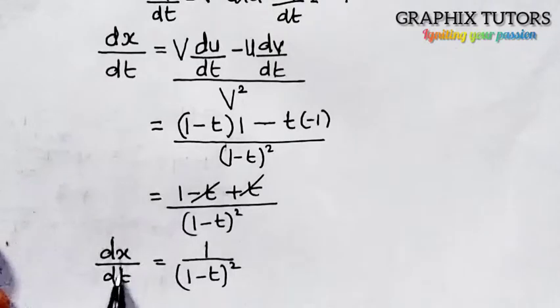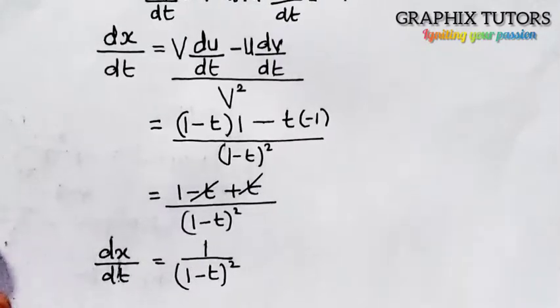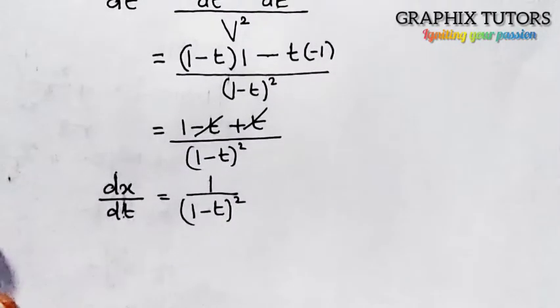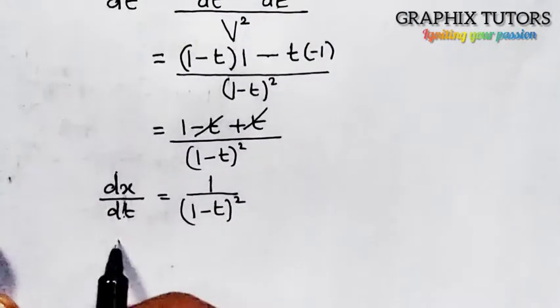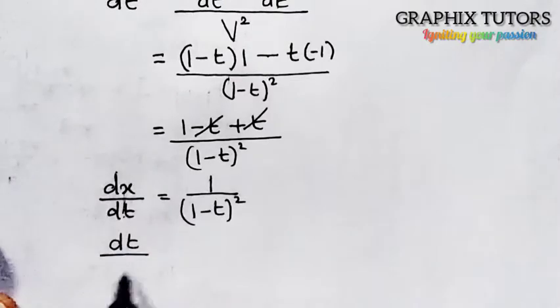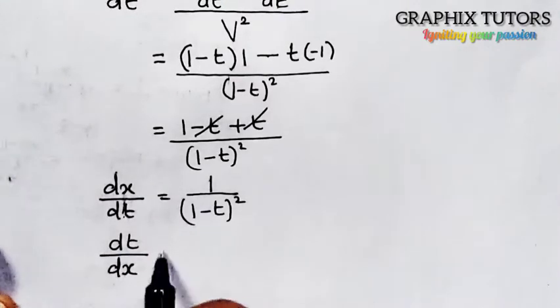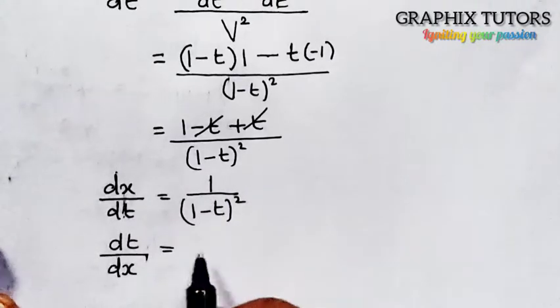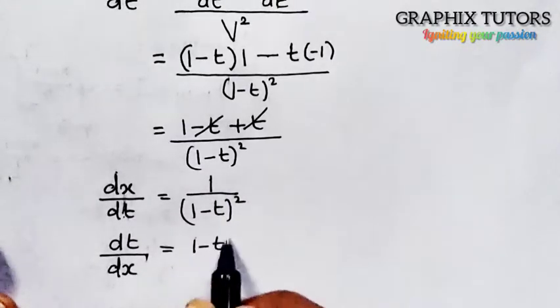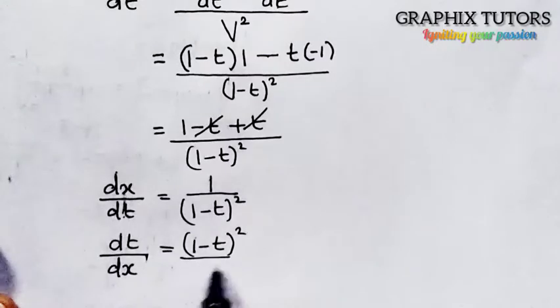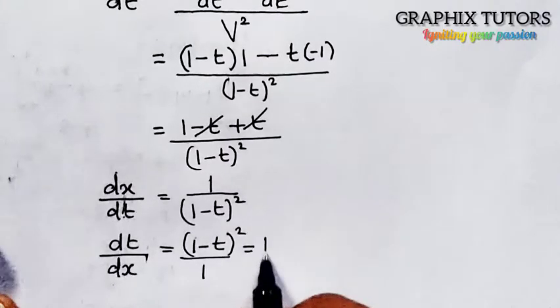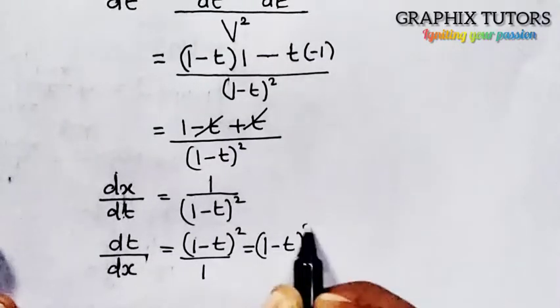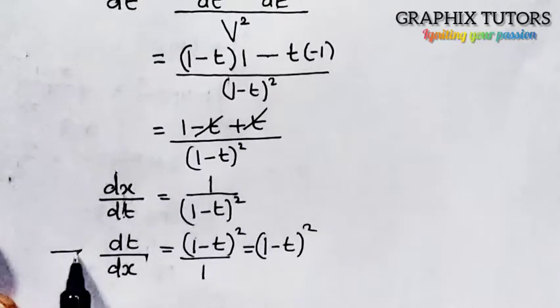So it means that this is not a usual way of writing it. So that is why we call it parametric. So we are now going to rearrange it by saying that dt over dx, when you change the position of this, you must change the position of this. It will now become 1 minus t all squared over 1, and that will give us 1 minus t all squared. So we have done for dt over dx.